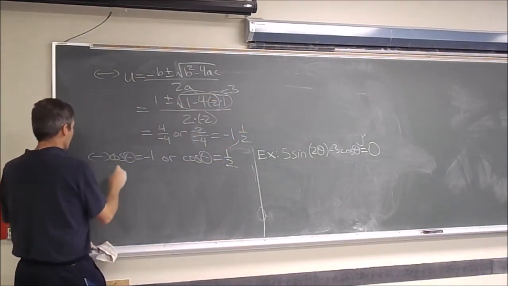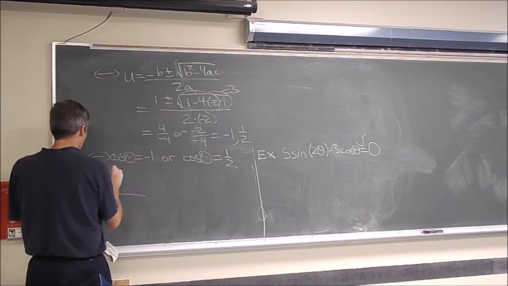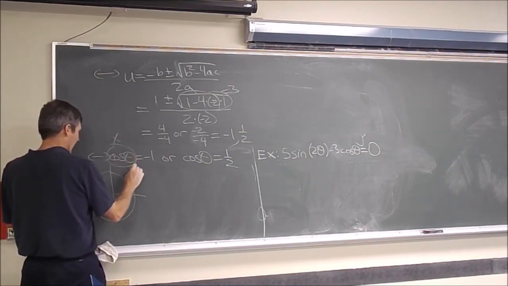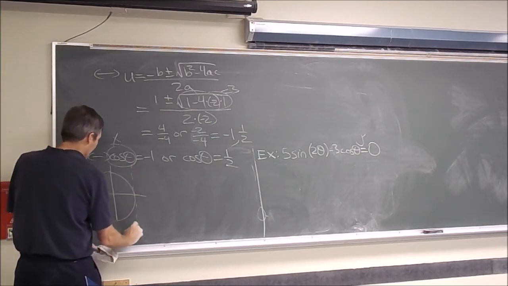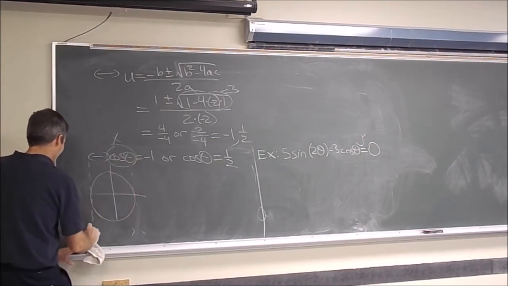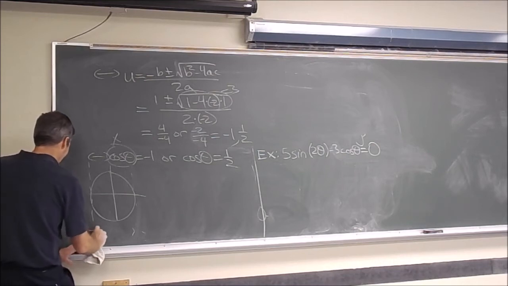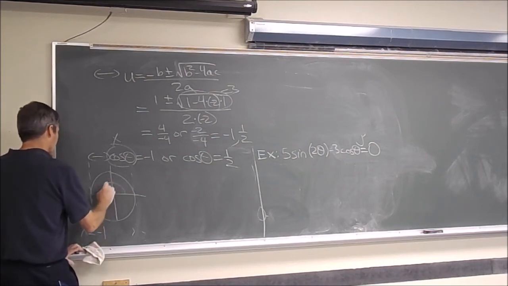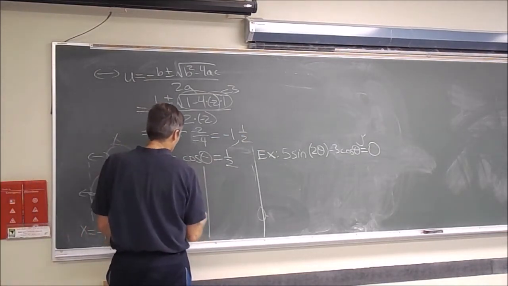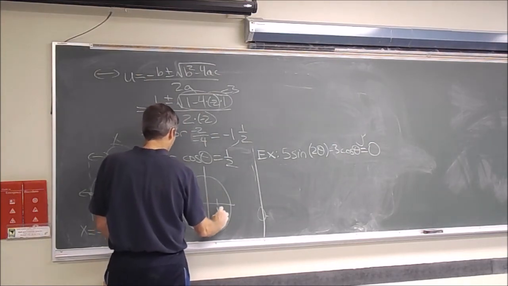Now, cosine theta equals negative 1, we can solve on the unit circle. Cosine is the x-coordinate, so we draw the vertical line x equals negative 1. And observe there's only one terminal ray going there. We also want to solve cosine theta equals a half. x coordinate equals a half.